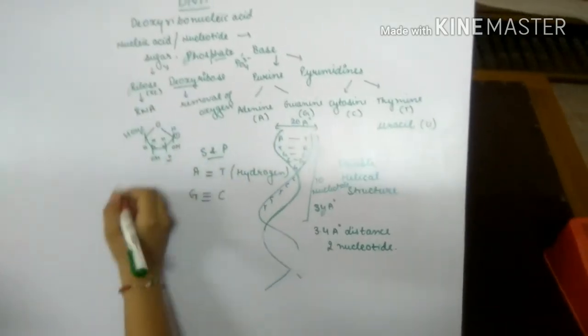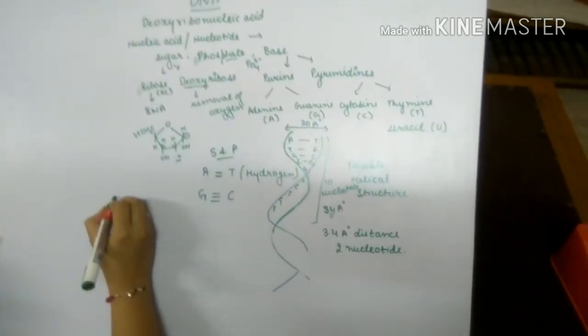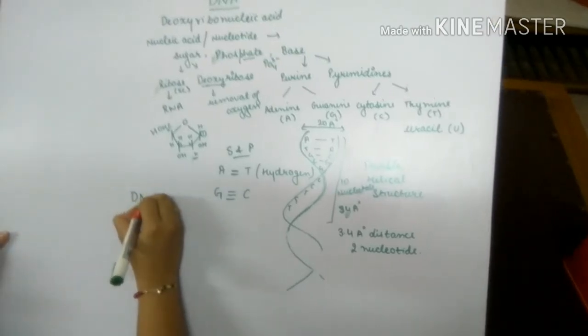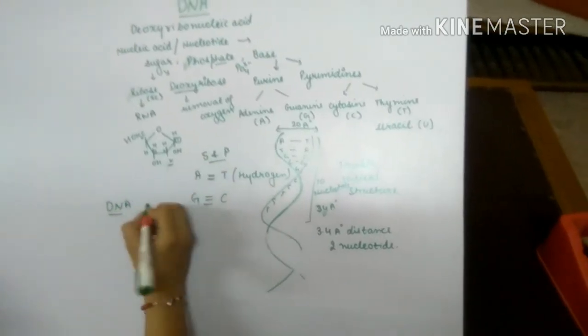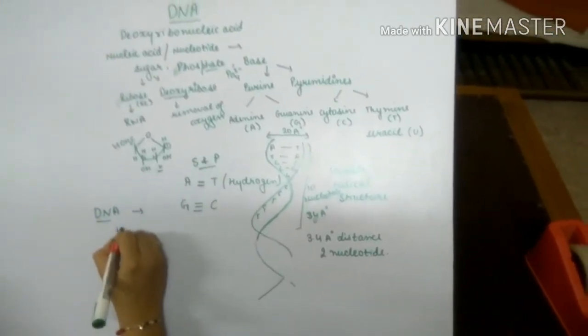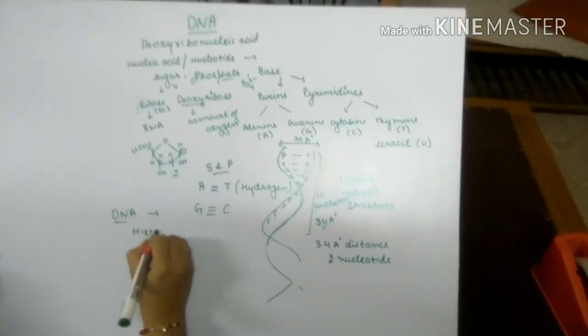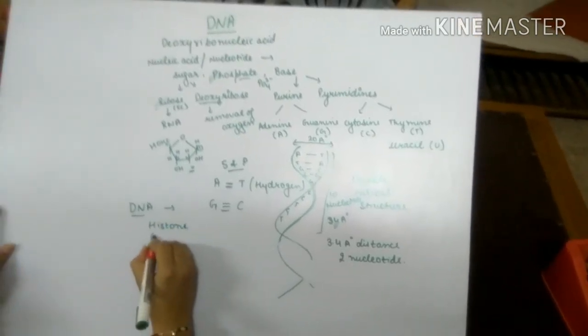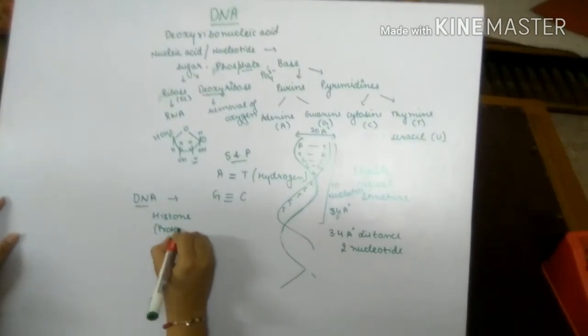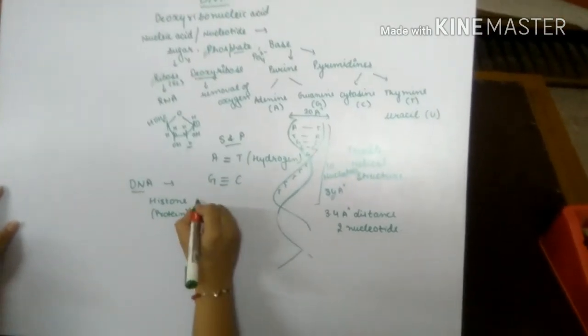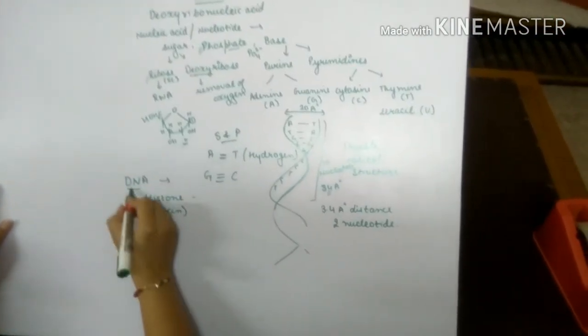So, here is DNA. It is formed of two things. One is a histone molecule, which is a protein, and another one is the DNA.